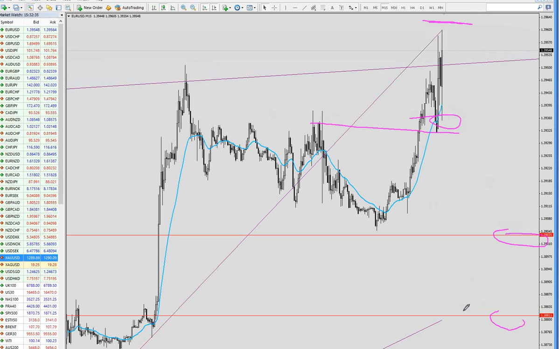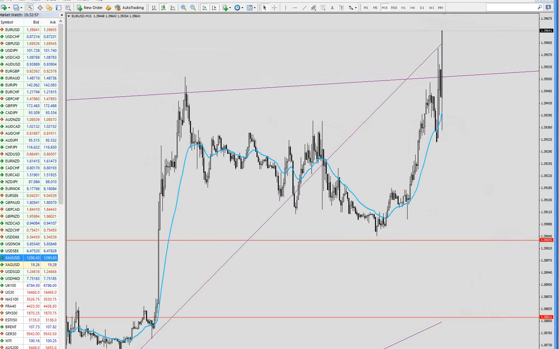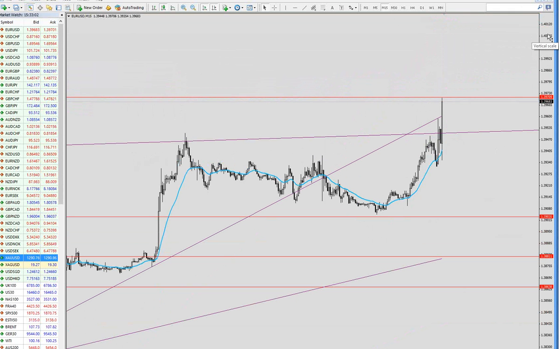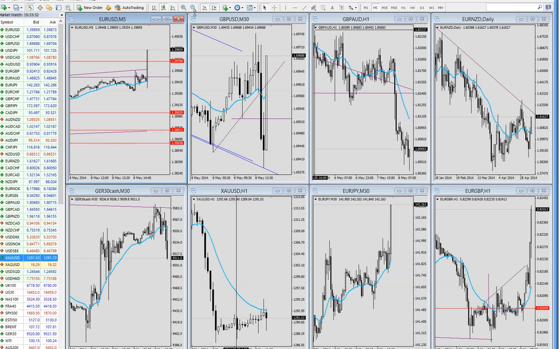Okay. 60 on euro dollar. Okay, pound also hit our levels. Euro is going higher, so there was no entry point for us.